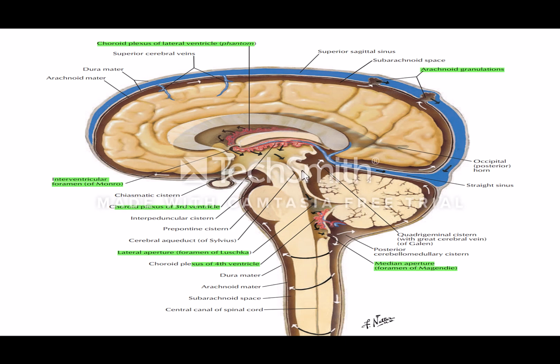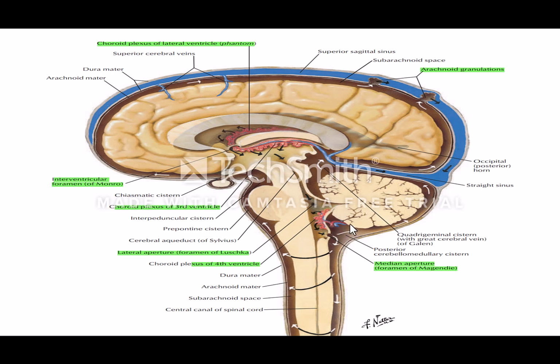And as we said earlier, all four ventricles have choroid plexuses. So the fourth ventricle also has this vascular tissue, choroid plexus, that produces cerebrospinal fluid.